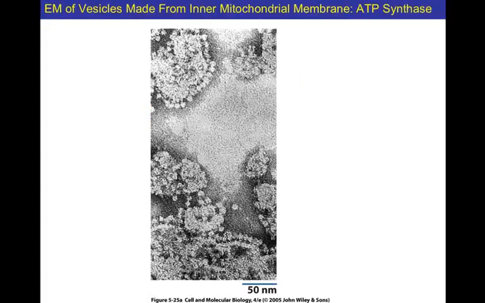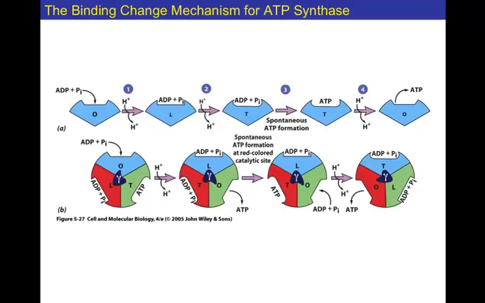This is a picture of vesicles made from the inner mitochondrial membrane, and you can see the ATP synthase molecules on there, the lollipop structures, and this is again an electron microscope image, as you might imagine. This slide shows you the 3 steps that the lollipop part of the ATP synthase molecule goes through to produce the ATP.